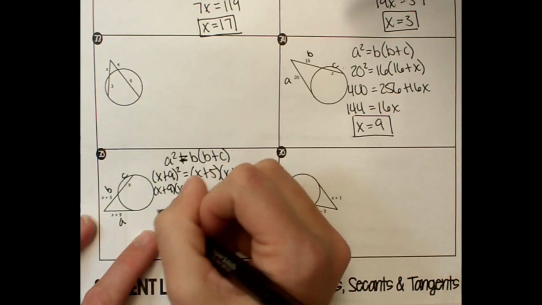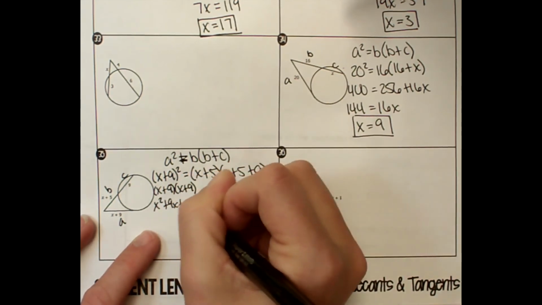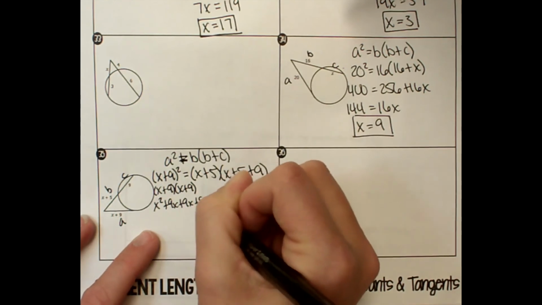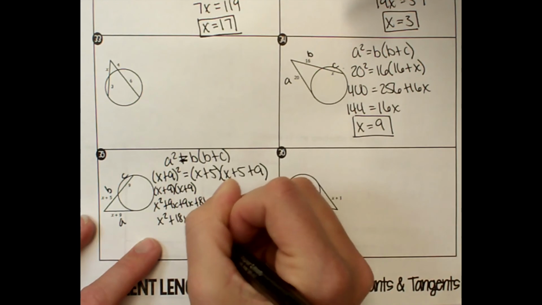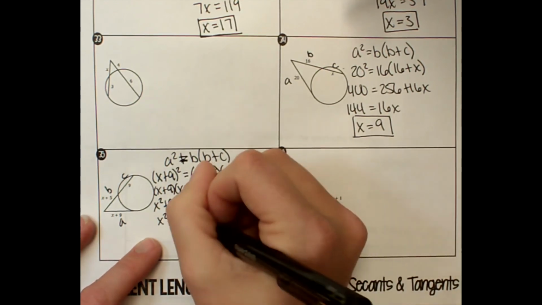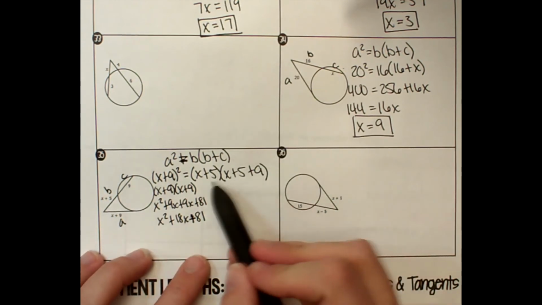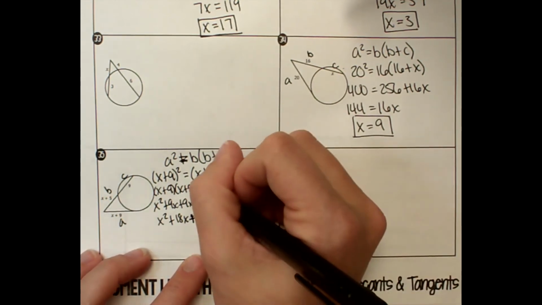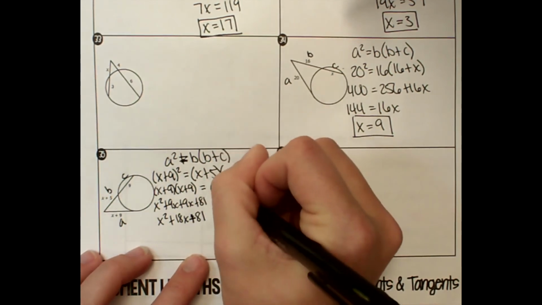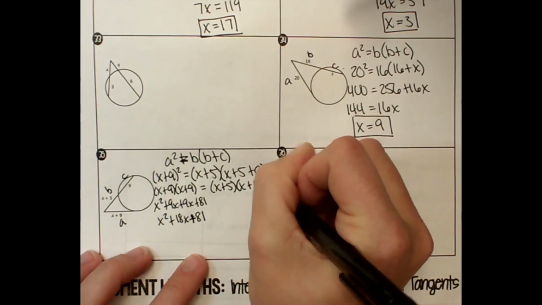When you multiply it out, you end up with x squared plus 9x plus 9x plus 81. So you end up with x squared plus 18x plus 81. On this side, once we simplify, we have x plus 5 times x plus 14.